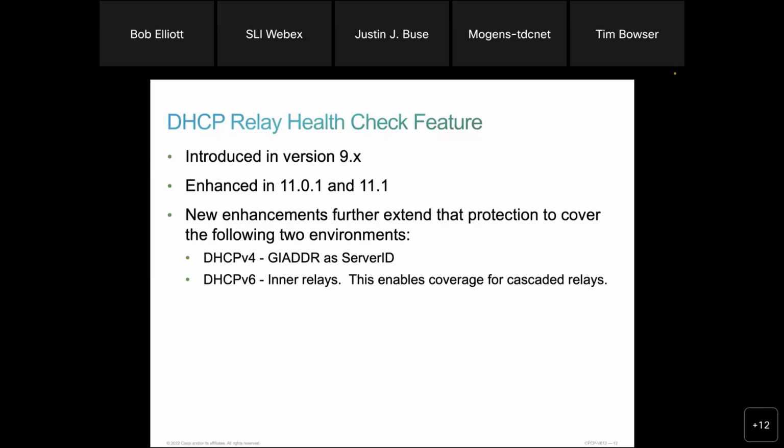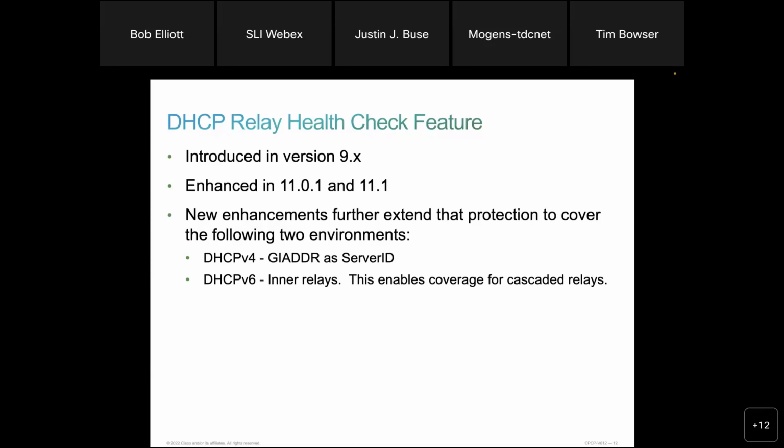With relay health check, the failover pair can monitor that, detect an outage between the other server and one of the CMTSs, and then the good server can respond on behalf of the bad server.